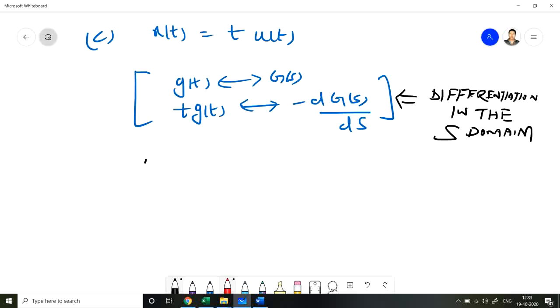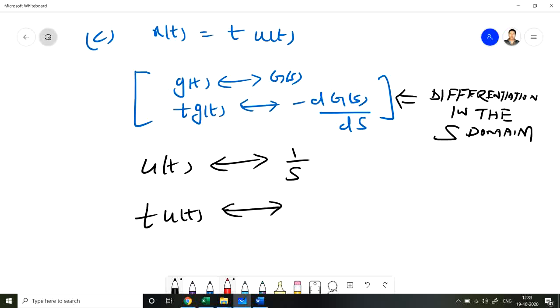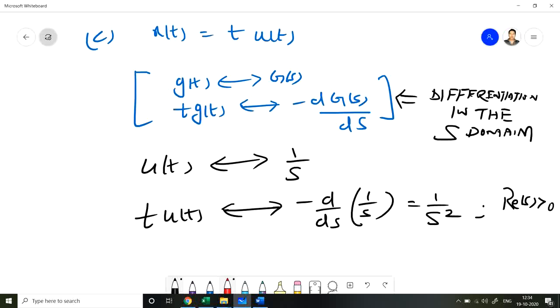So let us do problem number 2. In problem number 2, find the Laplace transform of del T, then the Laplace transform of del dash T, then the Laplace transform of T U(T), e raised to the power minus AT into U(T), then T e raised to the power minus T into U(T), then cos omega naught T into U(T), and e raised to the power minus AT cos omega naught T into U(T).